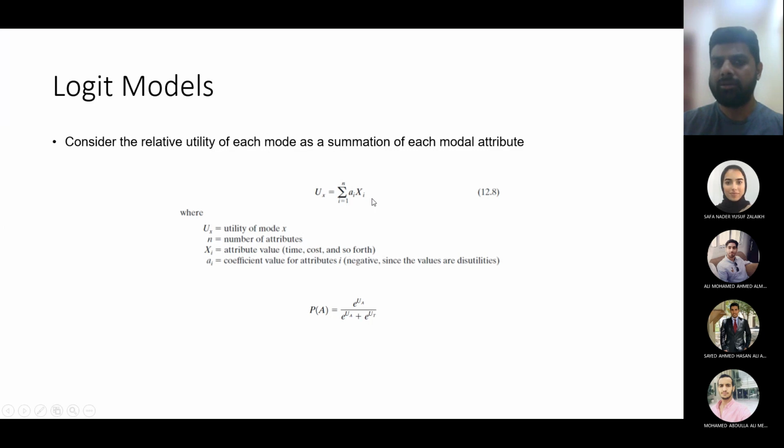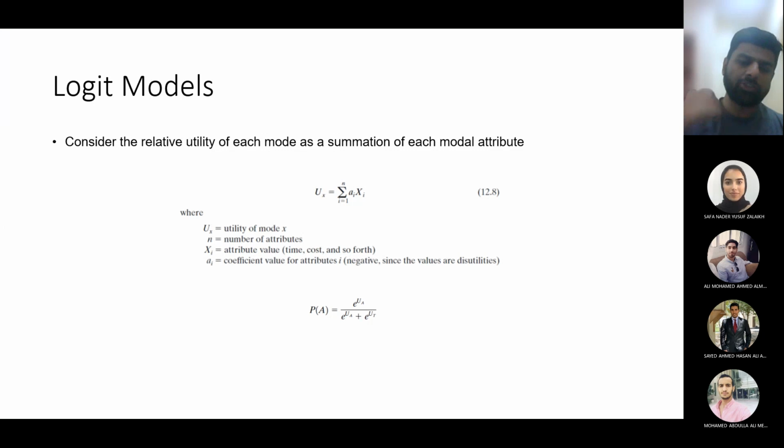can see here. Here, a are the coefficients of the equation, the constant values, and x is the parameter for each mode. You can see the summation here as well. For example, you collected 4 things about each mode: cost, time, parking cost, and speed.